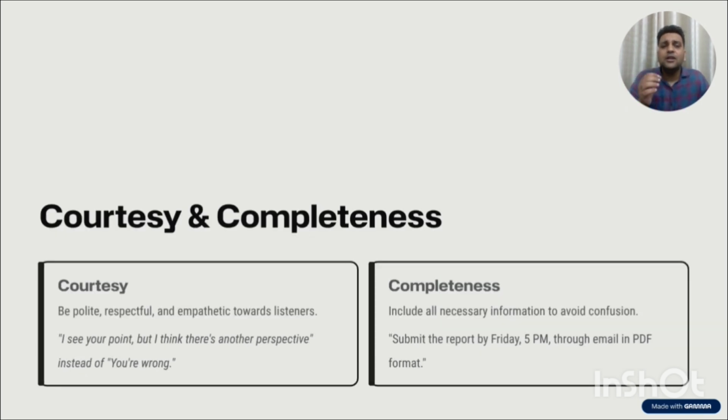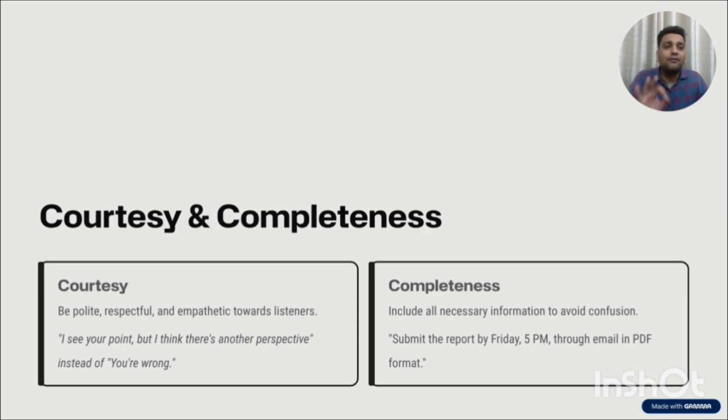Next is show some courtesy, be polite, show some respect, be empathetic towards the feelings and emotions of the listener. Otherwise, you may get misjudged by the receiver. And another important feature is always try to complete your sentence.